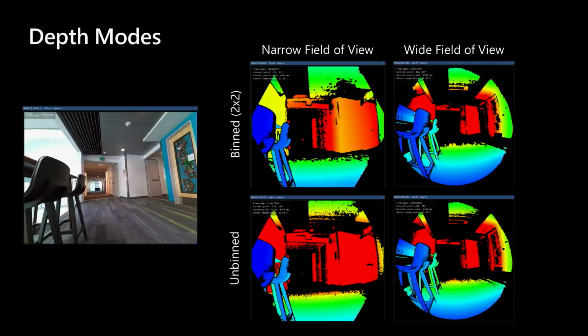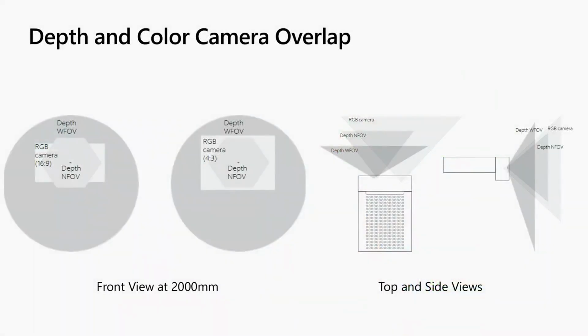So when selecting a depth mode, the important things to think about are how much range do I need, how big of a space do I need, and how many pixels do I really need per object for my application. Also, when considering those and combining them with the color camera, it's important to consider how much overlap there is between the cameras. So here are some pictures that I've taken from our documentation that will be posted when the camera goes on sale.